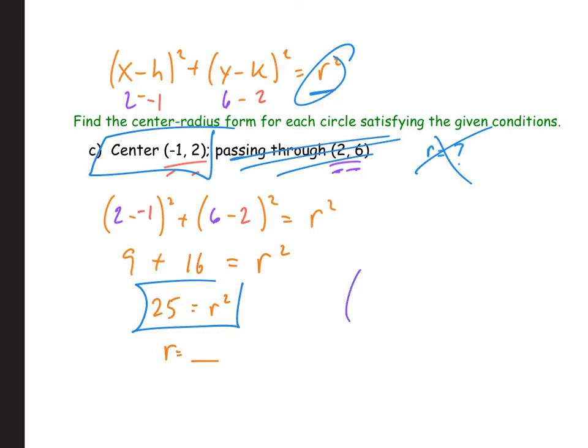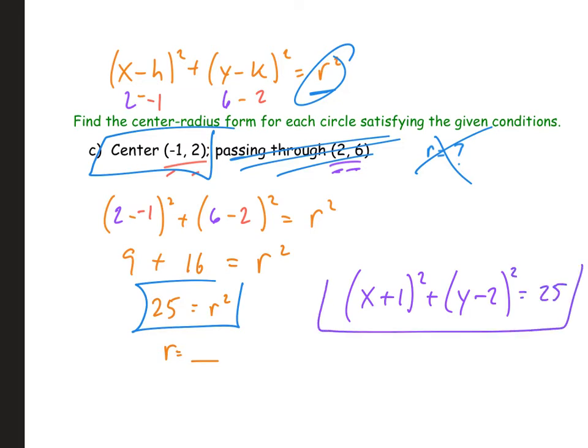So x minus -1, so plus 1 squared, plus y minus 2 squared, equals r squared, which was 25. Again, you can stop once you know what r squared is, because that's what the equation says, and make sure you use the center, not the point you're passing through, when you go to write the equation.